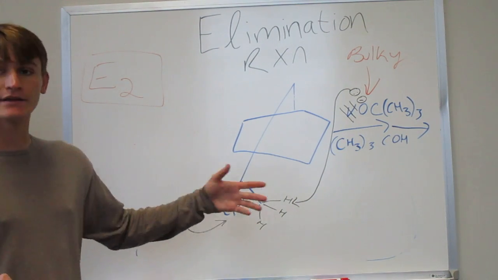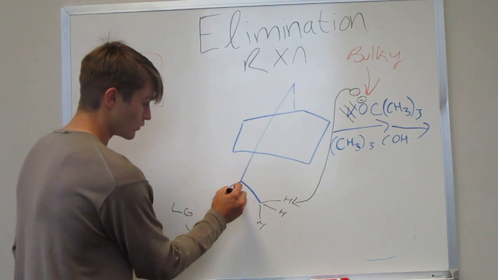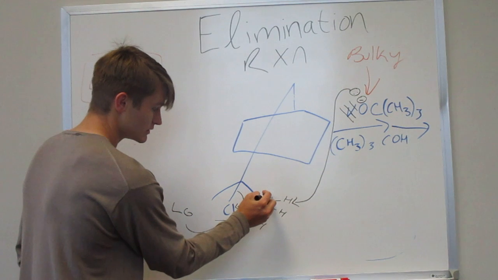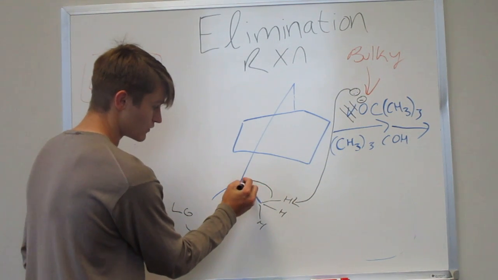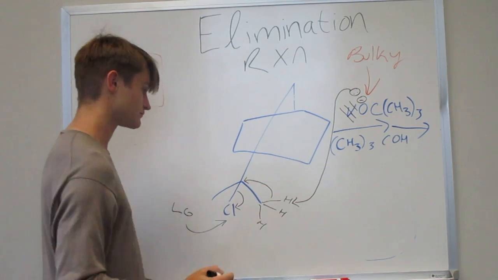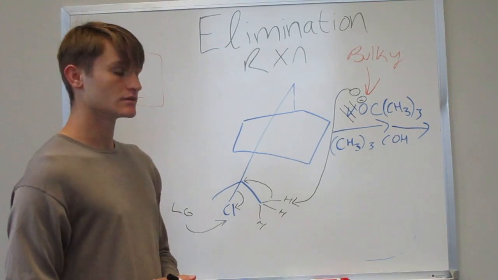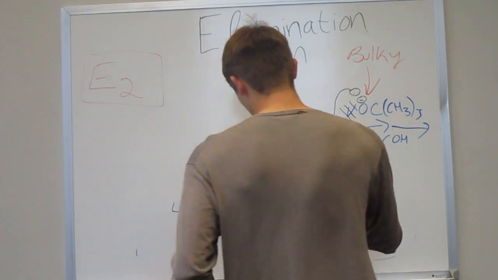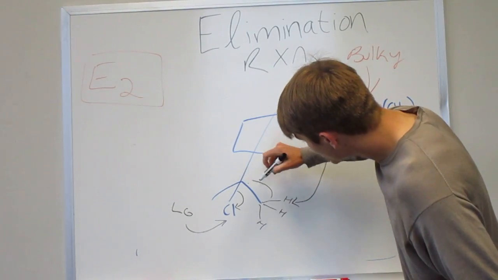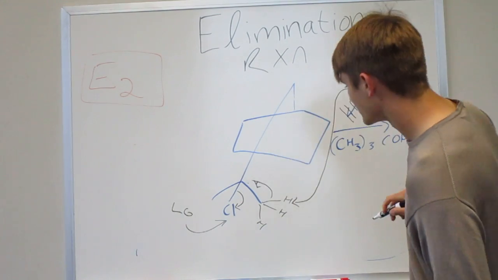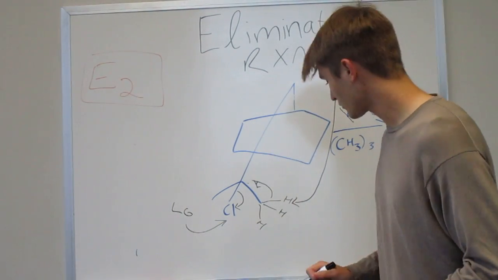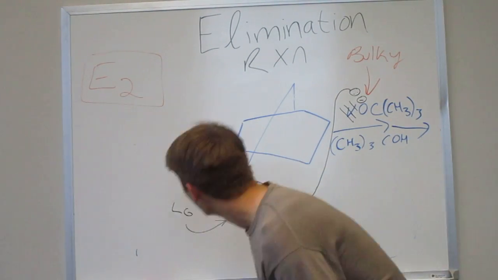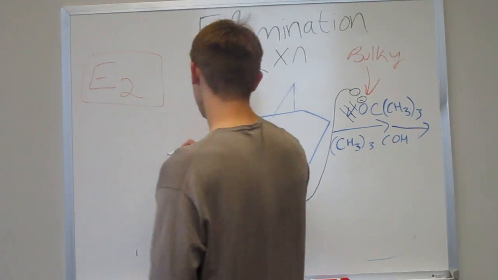Either way, once that happens, the bond goes right here. So what structure is formed? We're going to have something that looks like this.